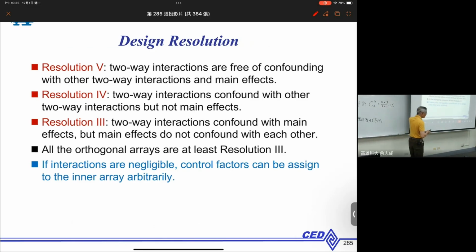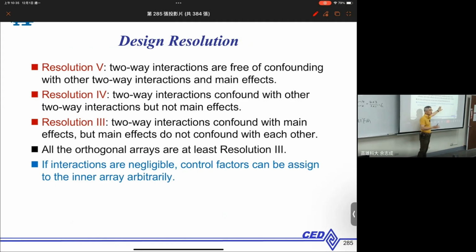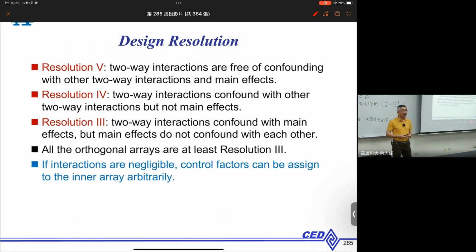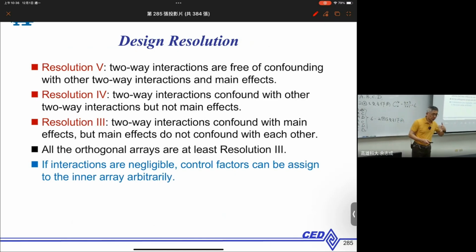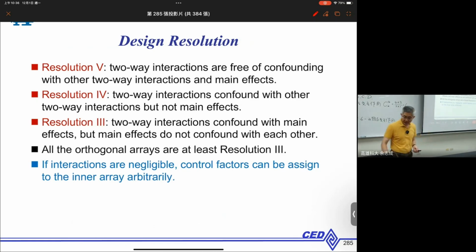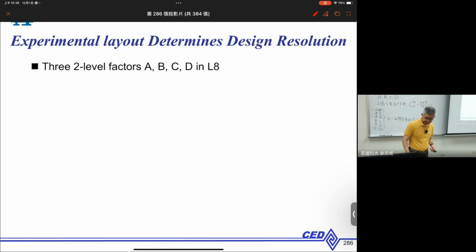So if you already know that interactions are negligible, and no interaction needs to be considered, then you can arrange your control factors to any column. Then it will make no difference because all the interactions are negligible. So that's why at the beginning, Taguchi usually will assume there are no interactions. If there are no interactions, you can assign your factors to any column.